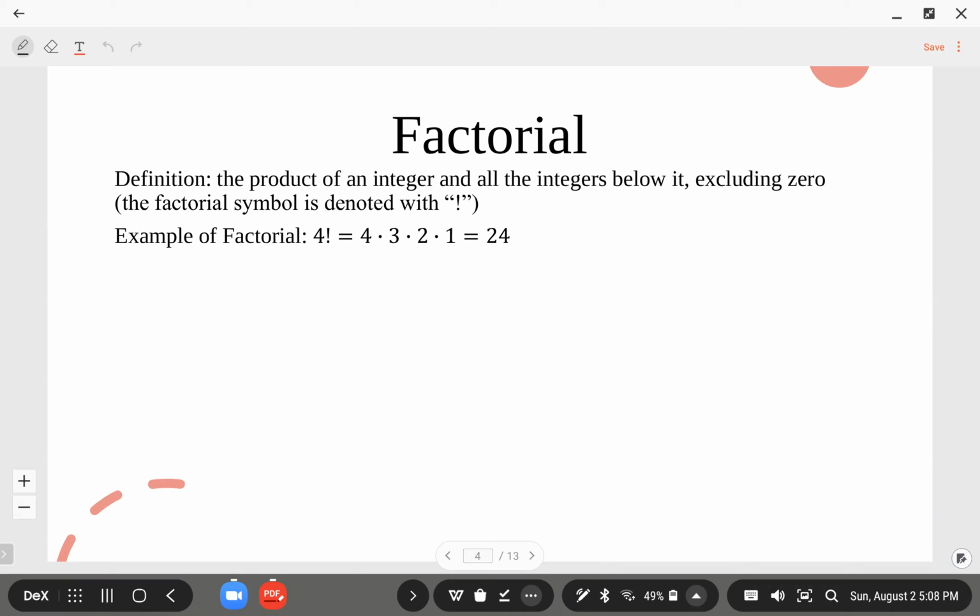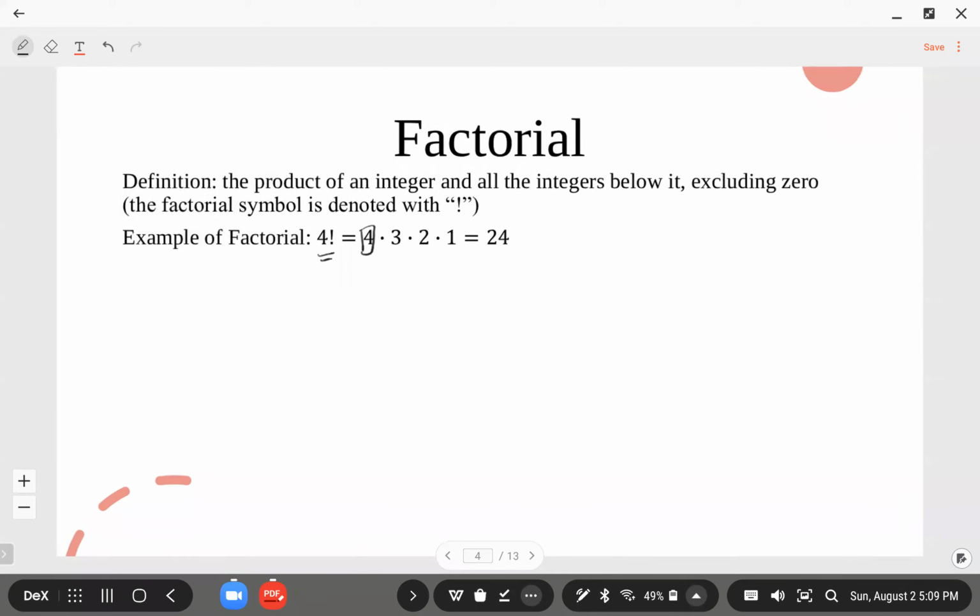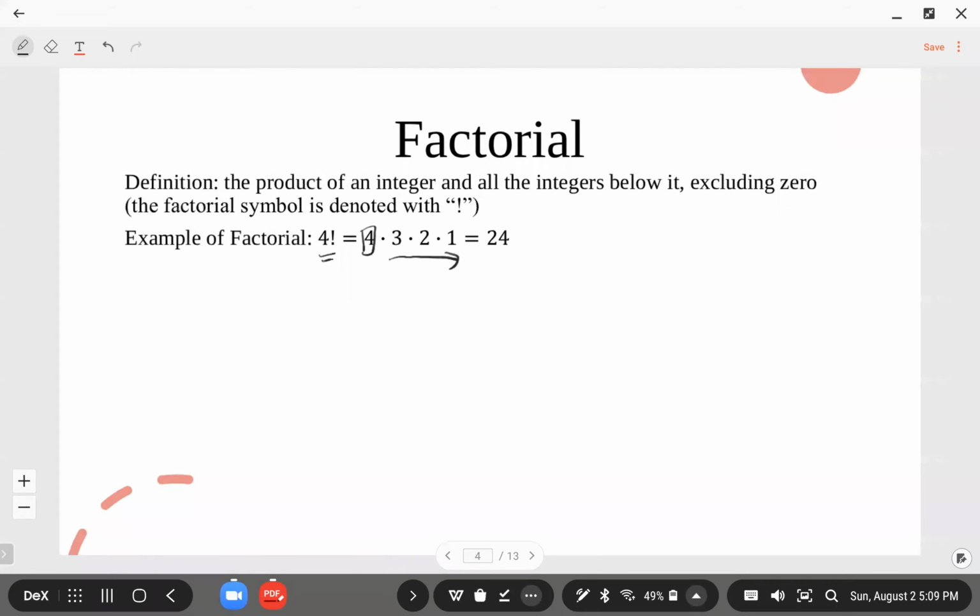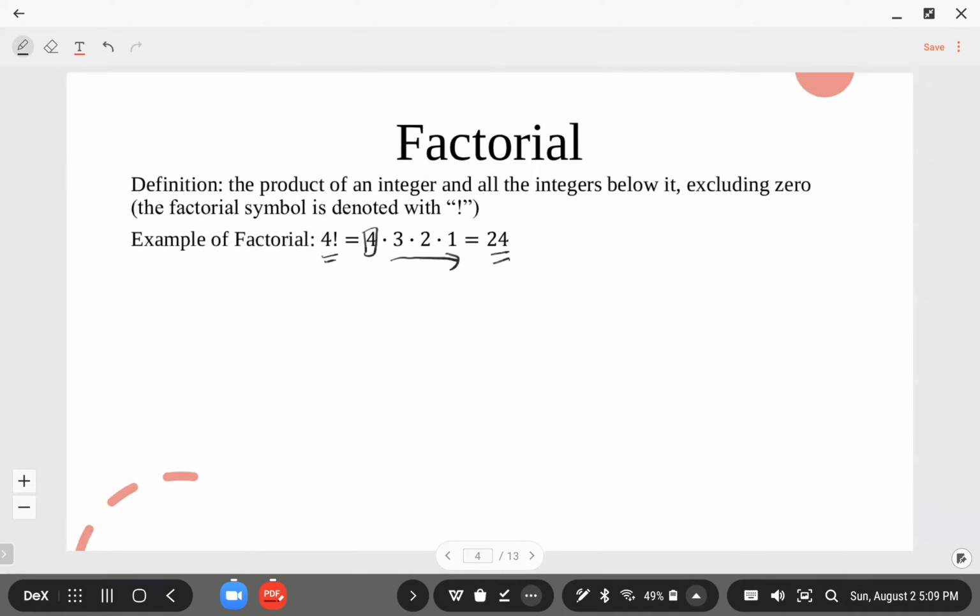An example of factorial is 4 factorial. Right here, 4 is the specific integer that has the factorial sign, and then all the integers below it, right? Excluding 0, so that'd be 3, 2, and 1, and then you multiply all of them together. What you get is 24.